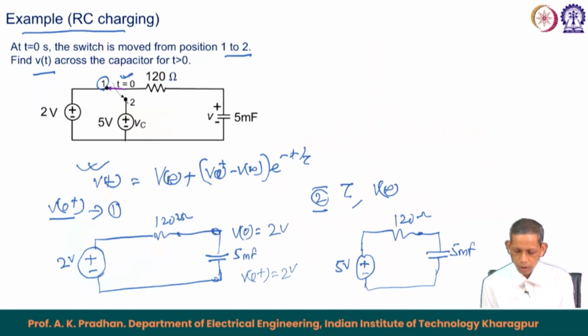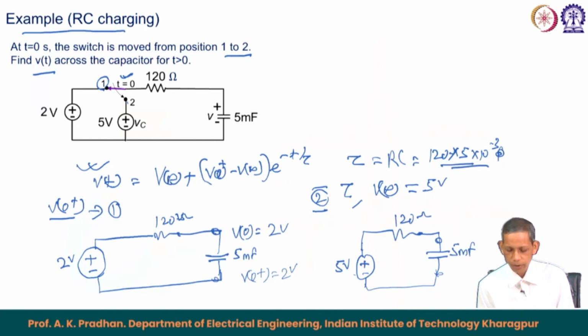We see the corresponding V infinity: at the capacitor at infinite time it will be an open circuit, so this becomes 5 volt straightforward. The time constant tau in this second case becomes equal to R C. R is 120 ohm into C is 5 into 10 to the power minus 3 farad. So, this is our time constant.